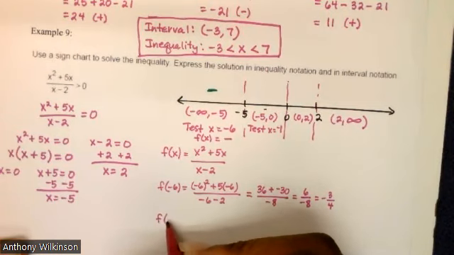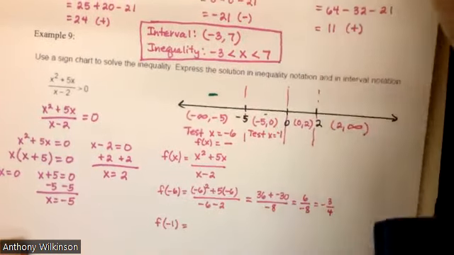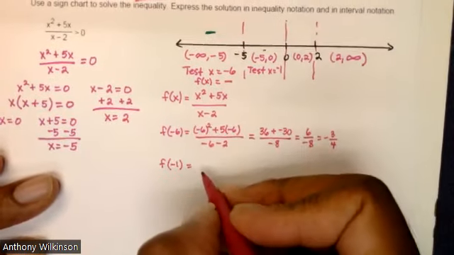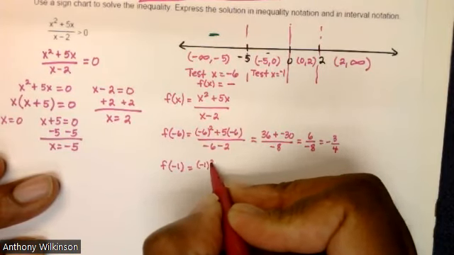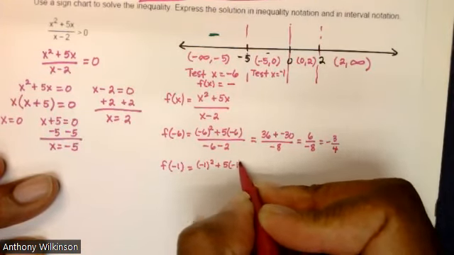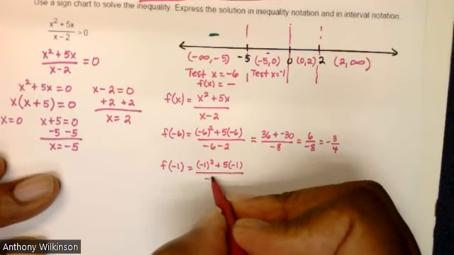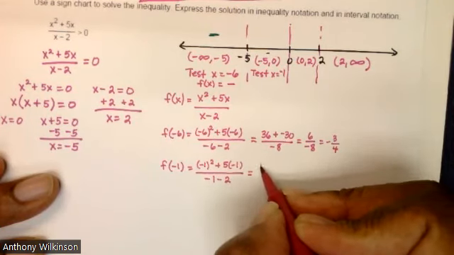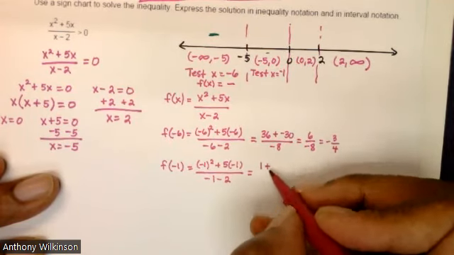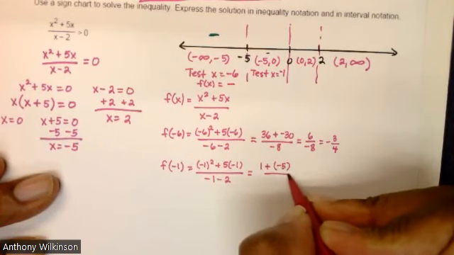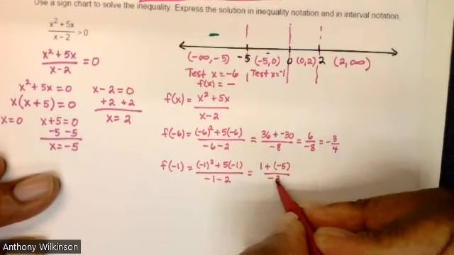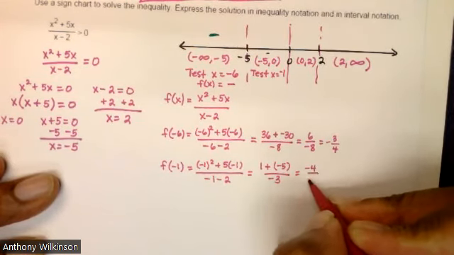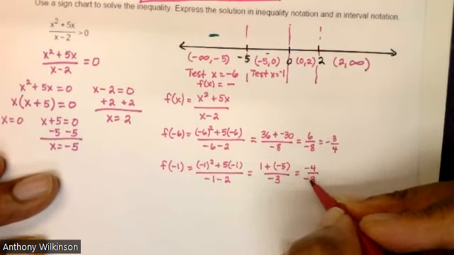So f of -1 would be -1 squared plus 5 times -1 divided by -1 minus 2. -1 squared would be +1 plus 5 times -1 would be -5 divided by -1 minus 2 would be -3. 1 plus a -5 would be -4 over -3.